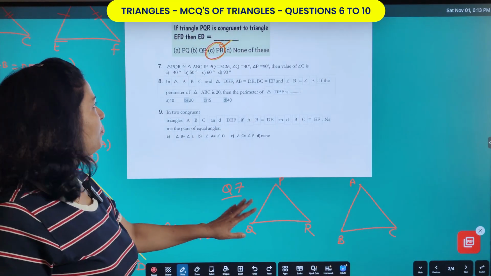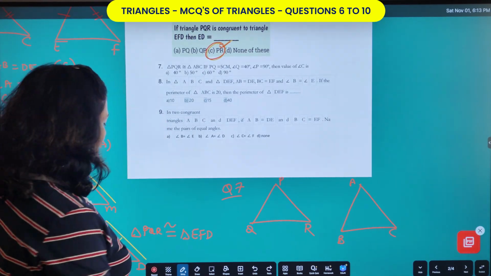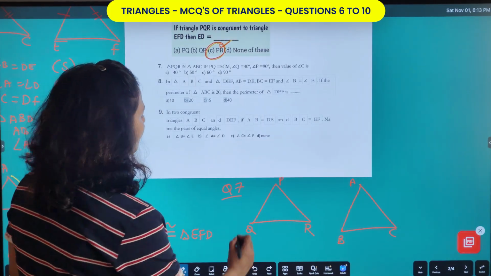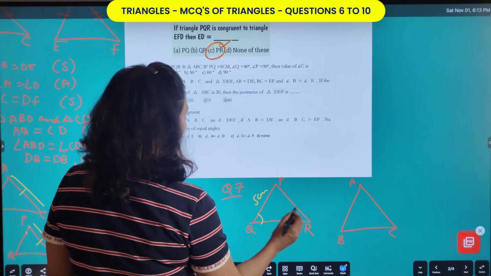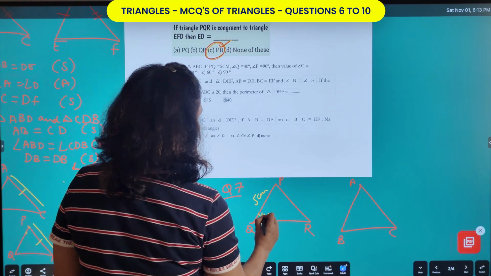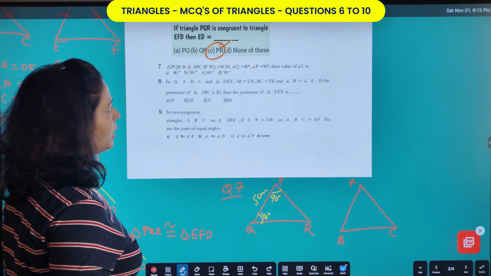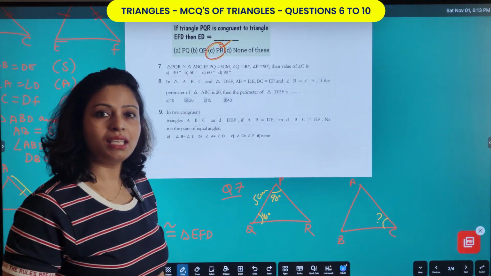Here triangle PQR is congruent to triangle ABC. So here they have given PQ is 5 centimeter, angle Q is equal to 40 degrees, angle P is equal to 90 degrees. Then they are asking you the value of angle C here.